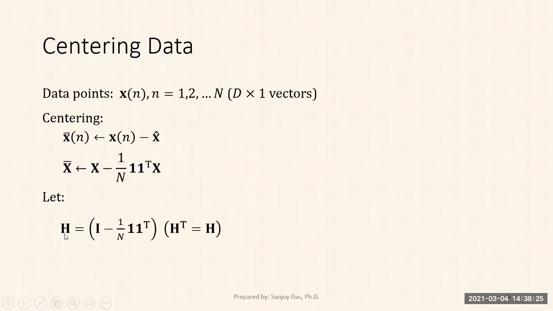Let's define this H to be equal to I minus 1 over n, 1 transpose. And you can easily see that H is a symmetric matrix because H transpose equals H. In which case, X bar equals X times H.